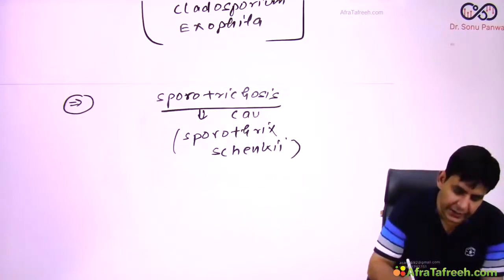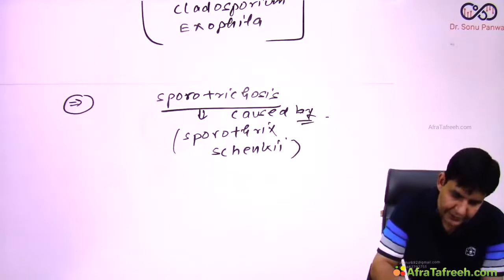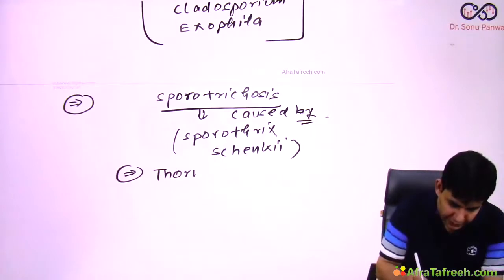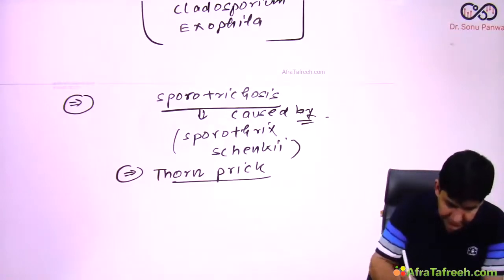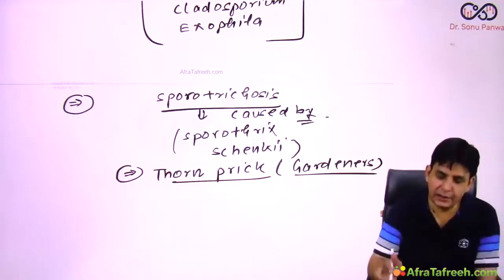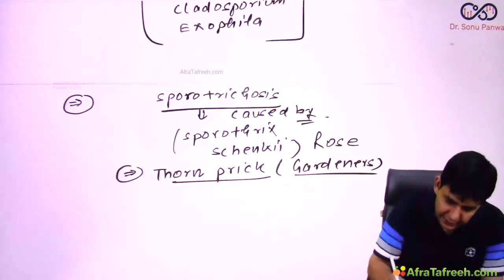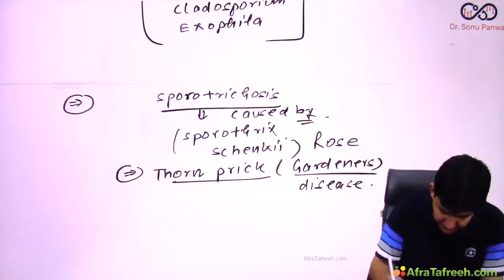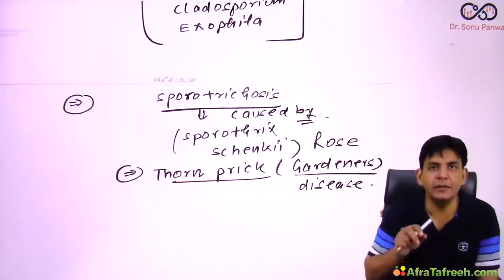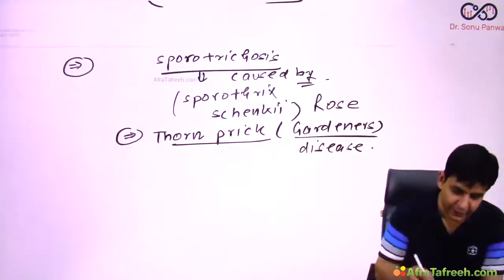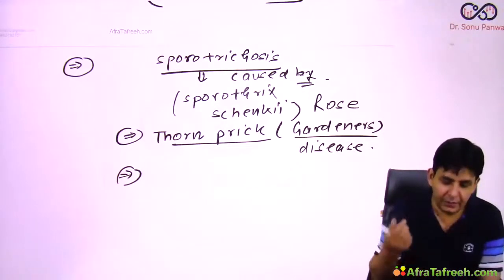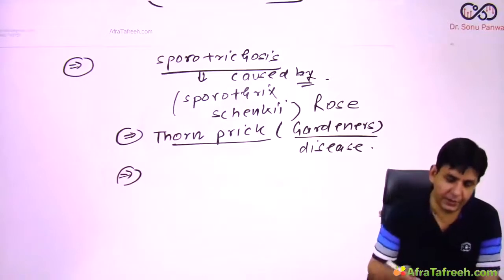This one mostly associates with thorn prick, and it happens to those who work in rose gardens, and that's why it is also termed as rose gardener's disease. Interestingly, it is given in the literature that this disease increases in and around Valentine's time. So remember that also, because that person has to pick out a lot of roses and thereby gets thorn prick.